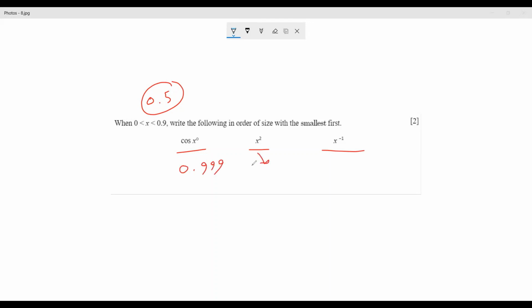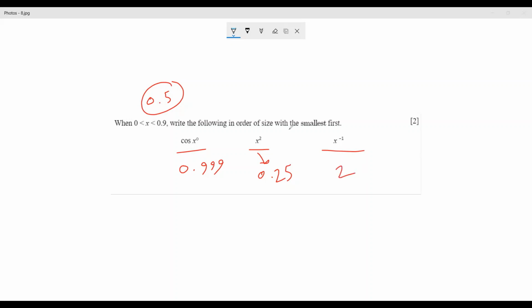And X squared is basically 0.25. And this guy here is raised to the power of -1, right? Or basically that would be 1/2, which is 2. So no need for a calculator.